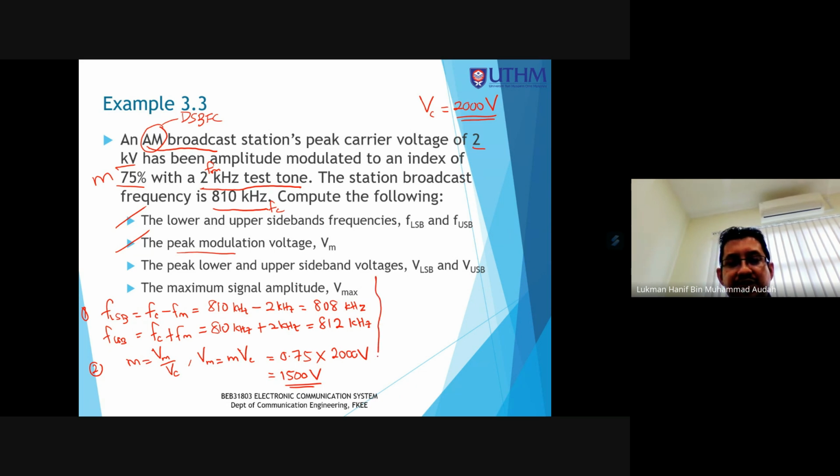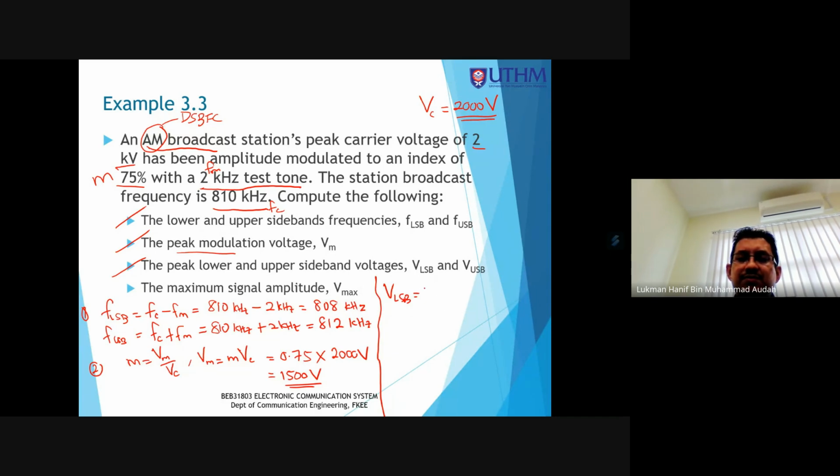So the next question asks you to find the peak lower and upper sideband voltages. As we know, for double sideband full carrier, VLSB, as we have learned previously, is equal to VM over 2. Or you can also write MVC over 2.